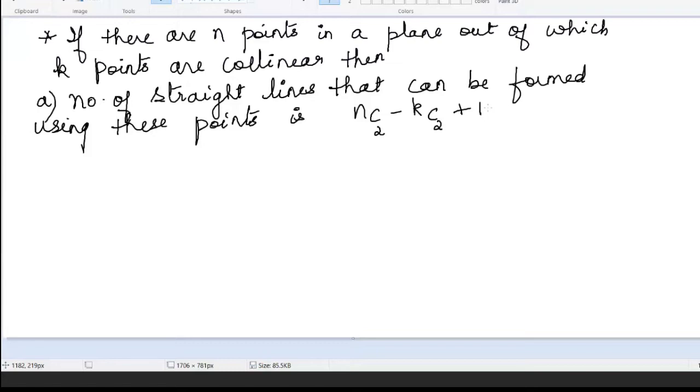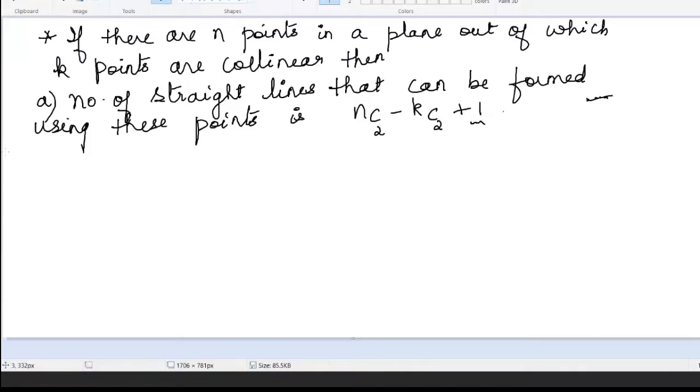So whenever k points are collinear and the number of straight lines is asked, it is NC2 minus KC2 plus 1. Suppose we had 3 points collinear, they form one line, and that line we are adding.